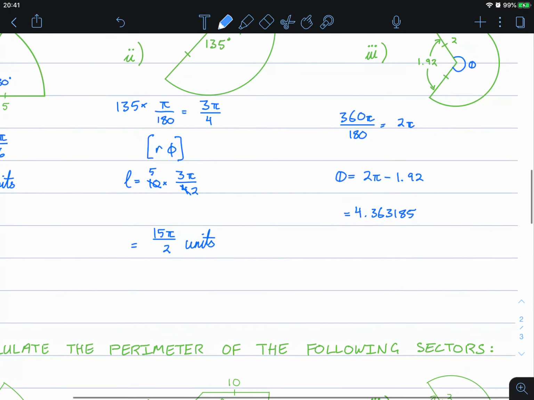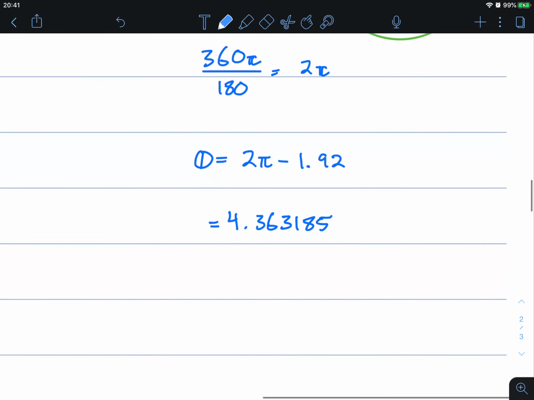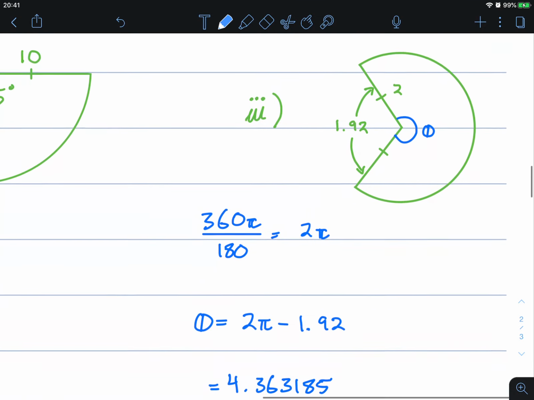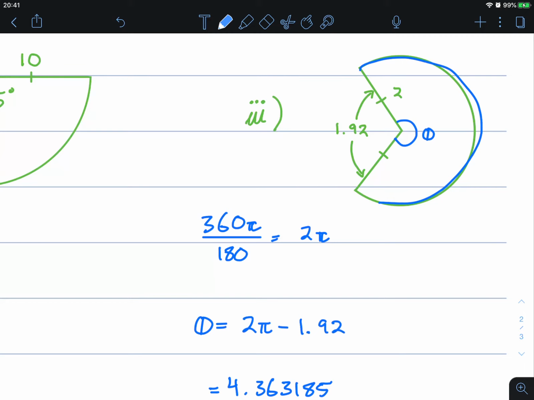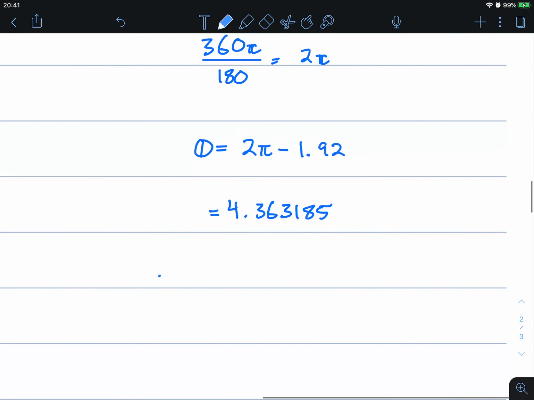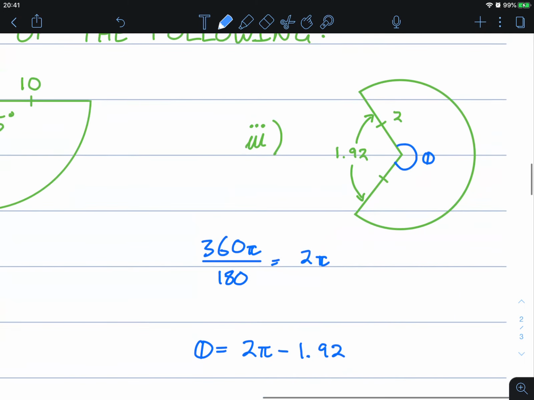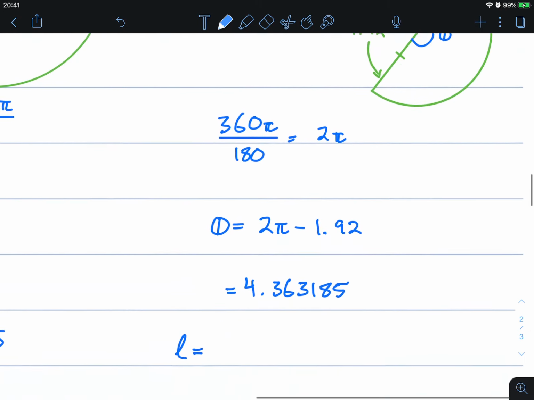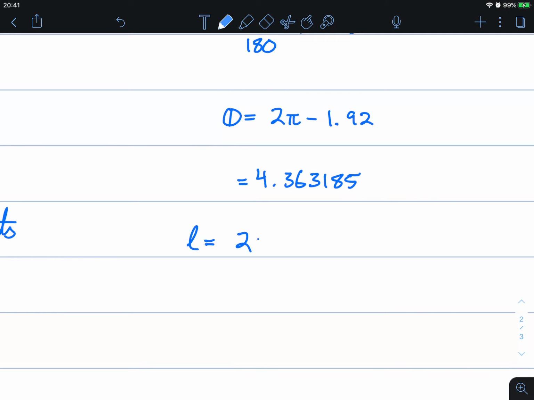And now, since we have this in radians, we can calculate now the arc length here. So L is equal to theta times the radius. The radius is 2. So it's going to be 2 times our angle in radians, 4.363185.